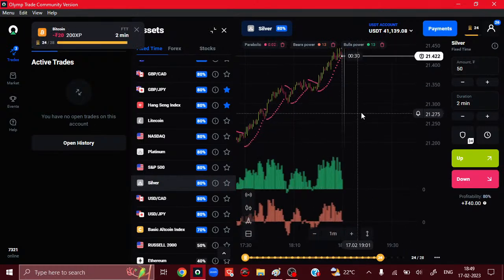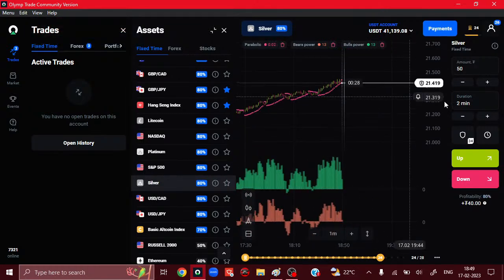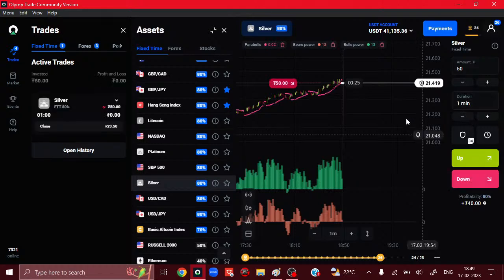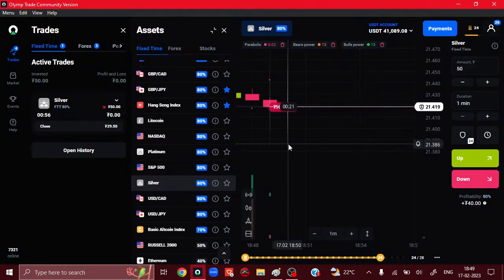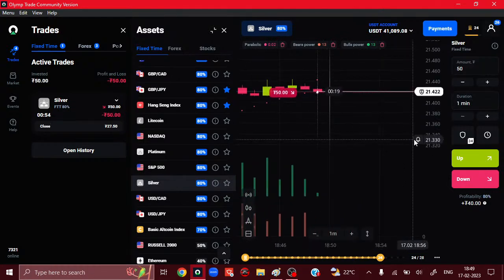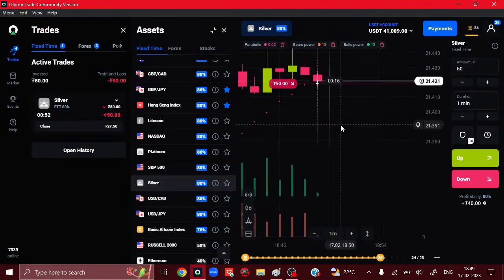Guys, in silver, we do have an opportunity for a quick downside trade. 1 minute downside trade. The parabolic has shifted here. This is the second step of the martingale.